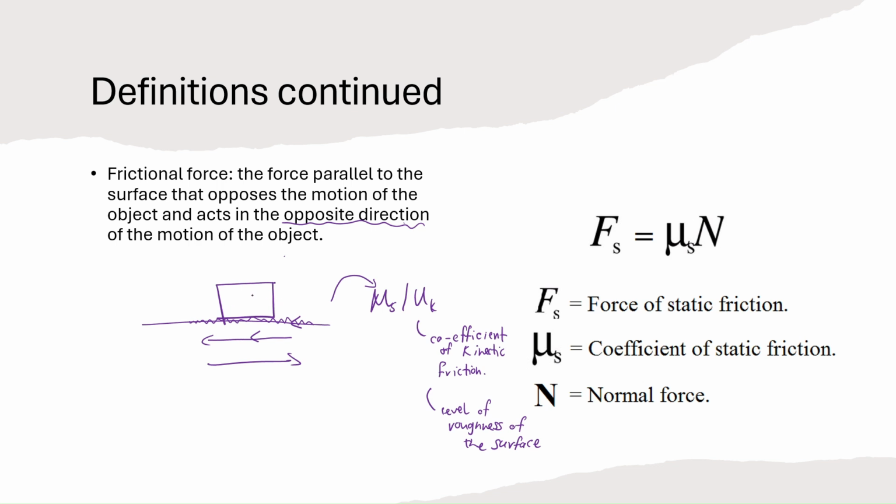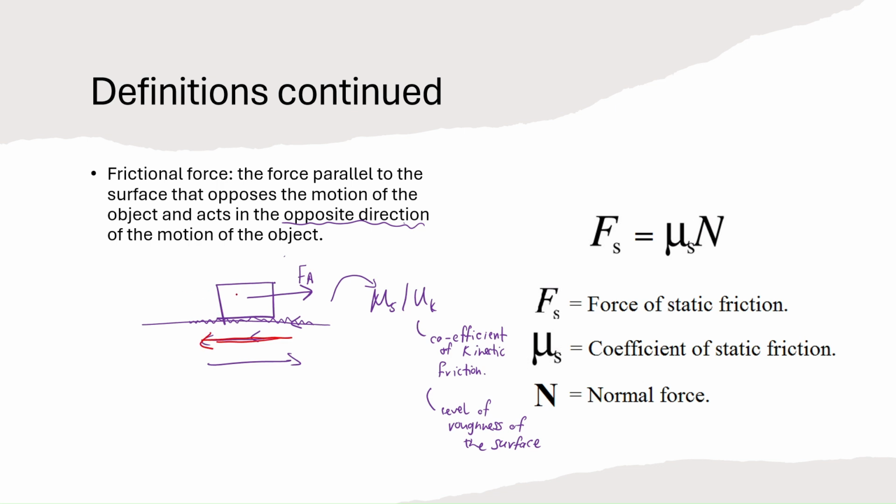So if we have this block going in that direction, let's say we have an F applied here and it goes in that direction and the block is moving in that direction, the friction, let's do it in a different color, for this direction would act in the opposite direction.